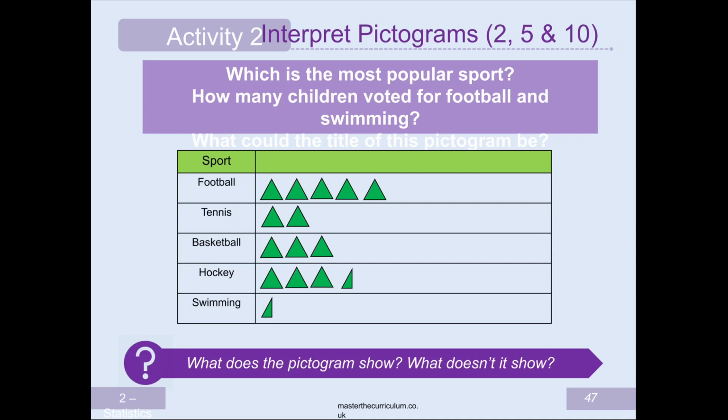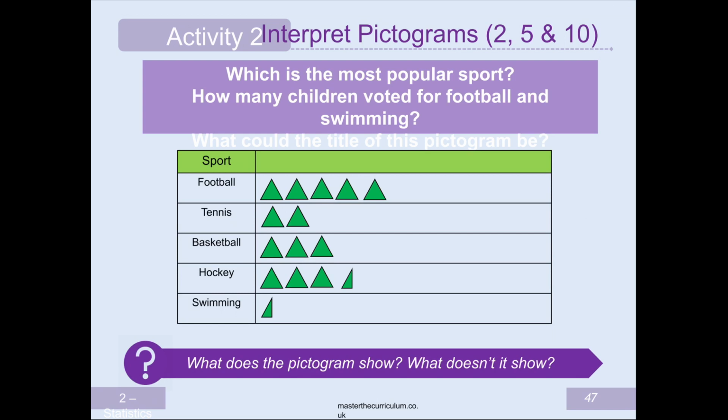Right, here we have another pictogram for you to interpret. But before we look at it closely, I want you to look at the purple questions at the bottom. What does this pictogram show? What doesn't it show? What's the first thing that we need to look for when we are interpreting a pictogram?